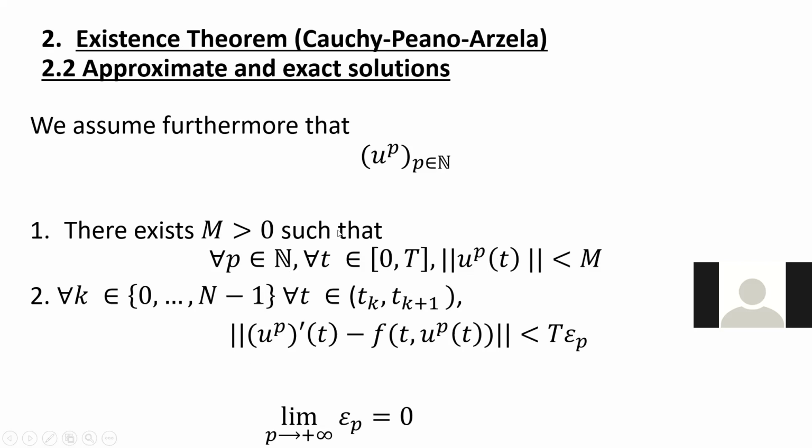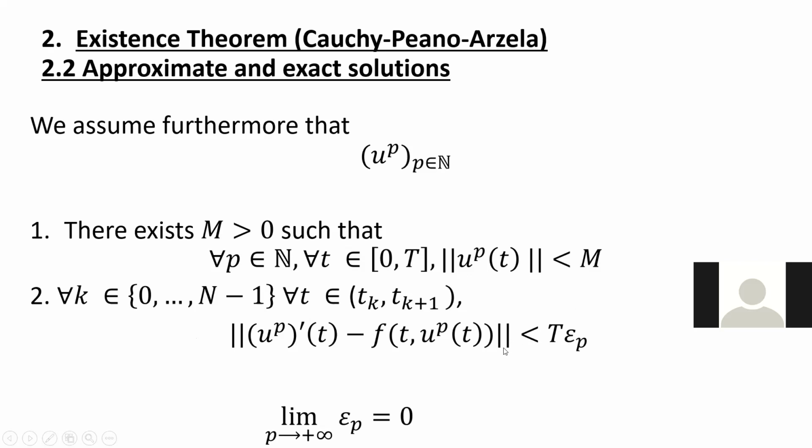If we have that, basically the sequence is uniformly bounded by a constant independently of p and t, and you can put this difference as small as you want, so there's no p.